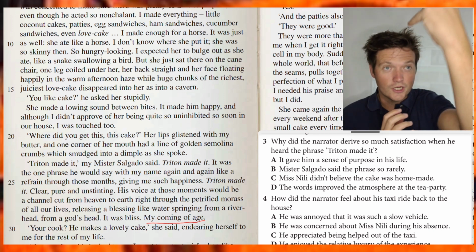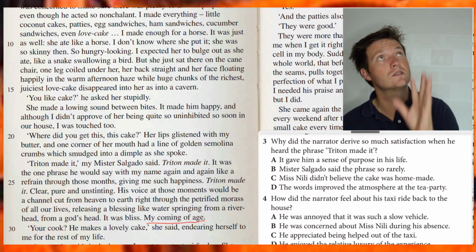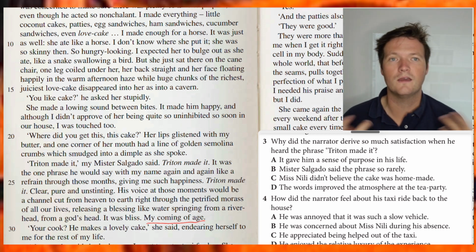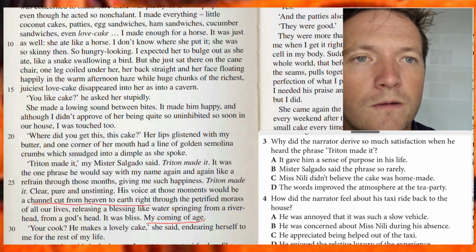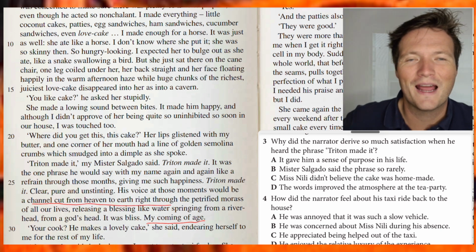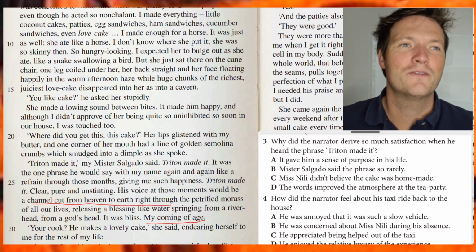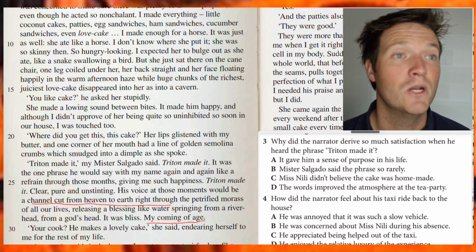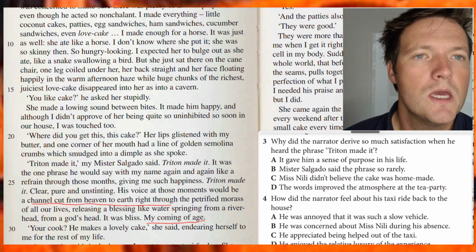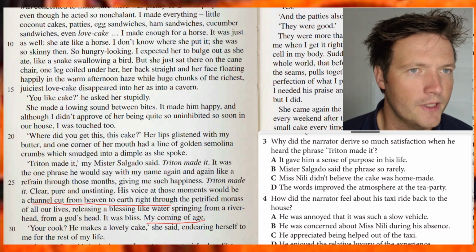So if a channel is cut from heaven to earth, you can see your trajectory up into the heavens. That's a really interesting sentence. Cut through the petrified morass, suggesting that their lives were a bit boring and monotonous. So I think A looks pretty good.